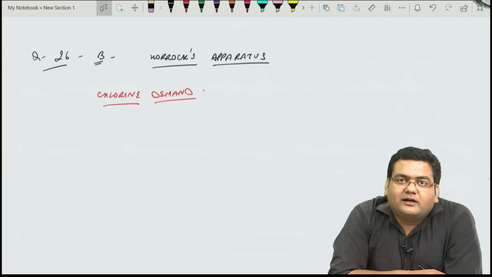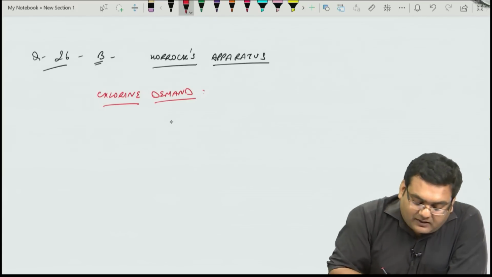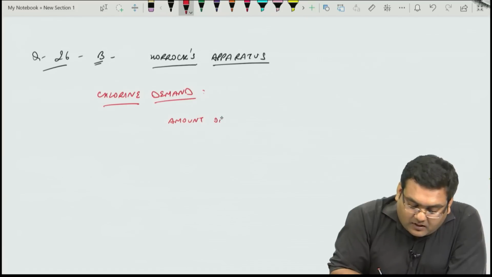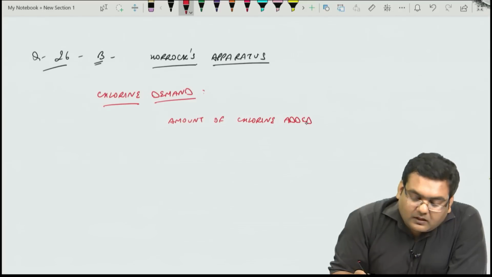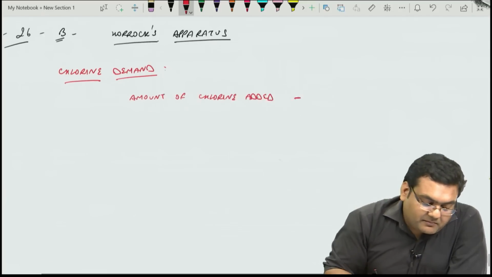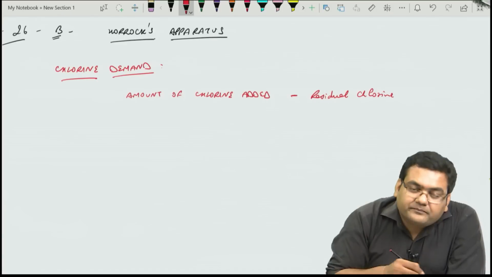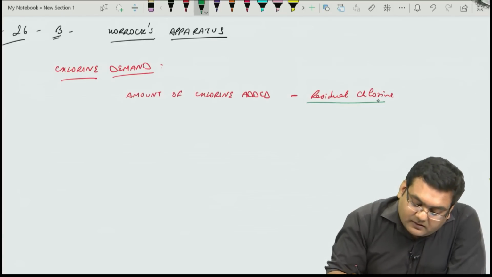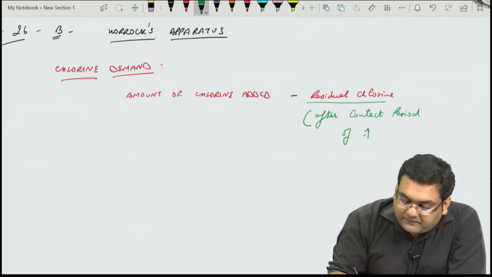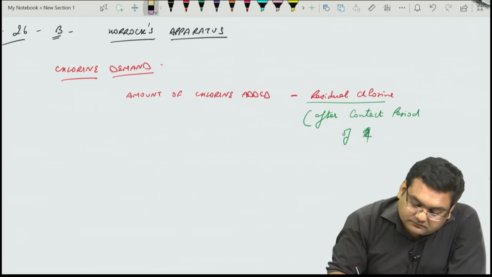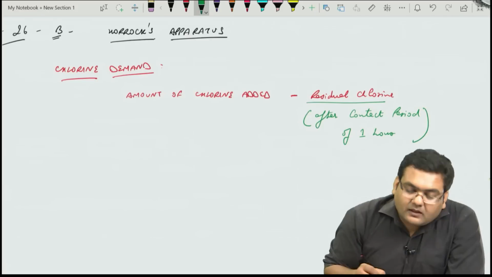That concept we call chlorine demand, and it is calculated by the amount of chlorine added minus the residual chlorine, after a contact period of 1 hour.